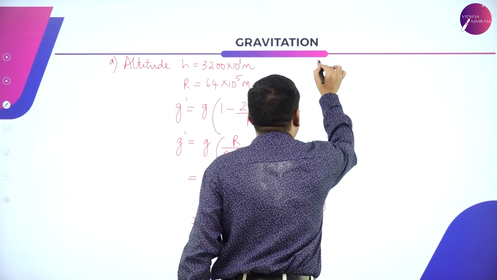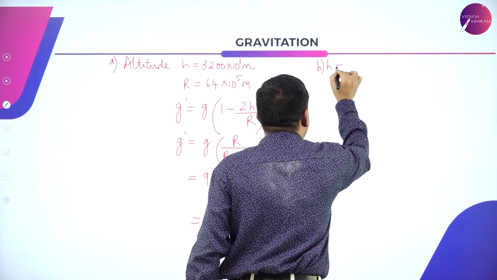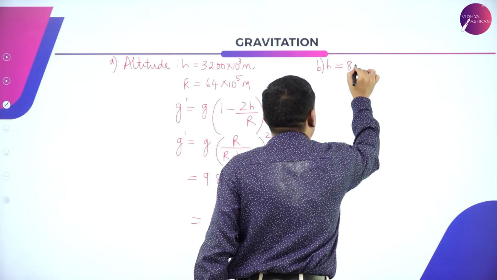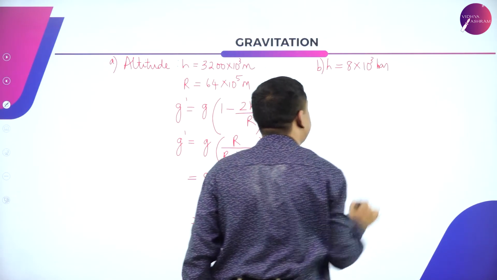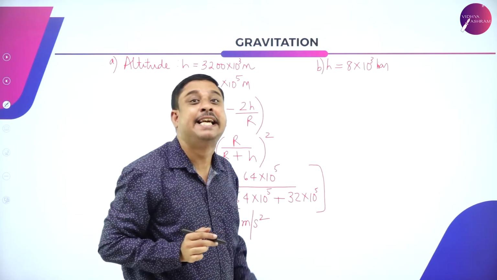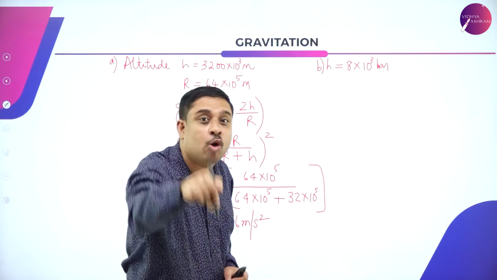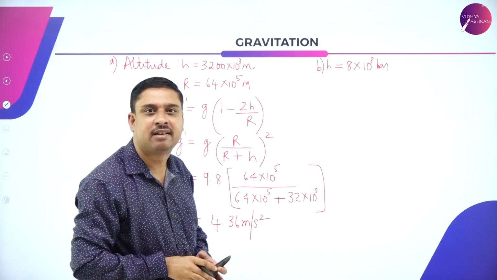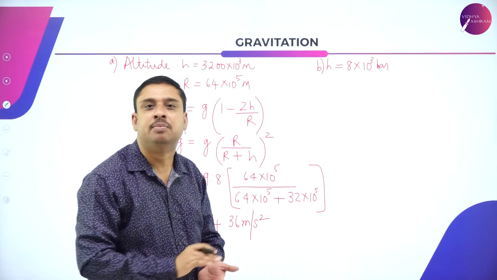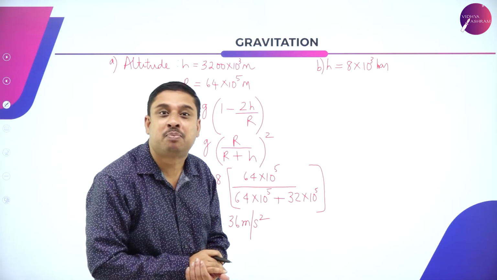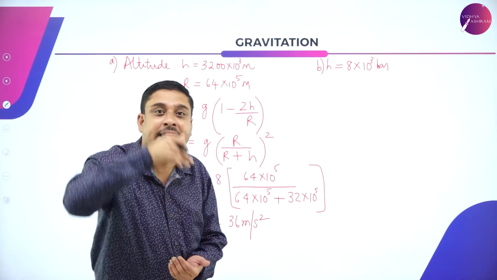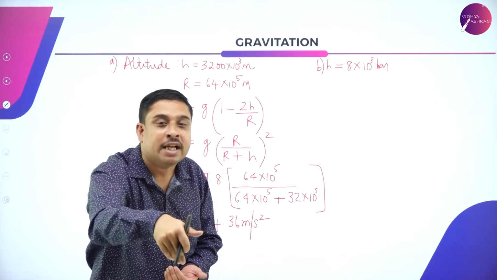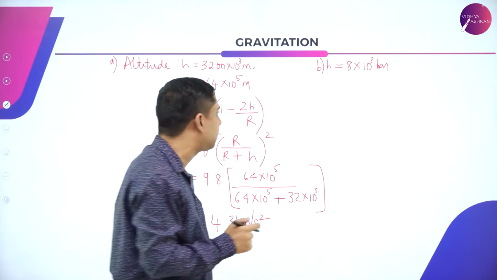B, I have to calculate at a depth 8 kilometers below the surface of the earth. Now the problem is with respect to depth 8 kilometers below the surface of the earth.